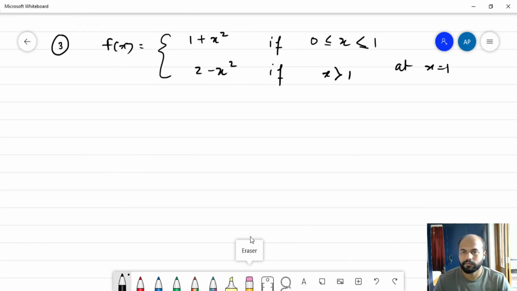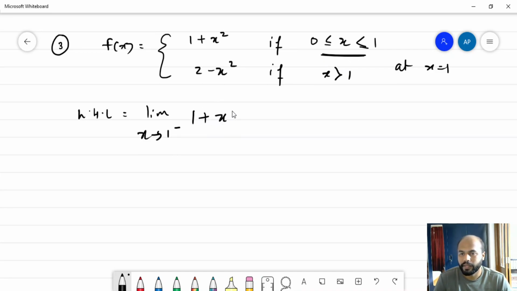Let's take another example. This time we have to check whether this limit exists at x equals 1. First we will take LHL. So LHL is limit x tending to 1 from the negative side, which is going to be defined as this, that is 1 plus x squared.